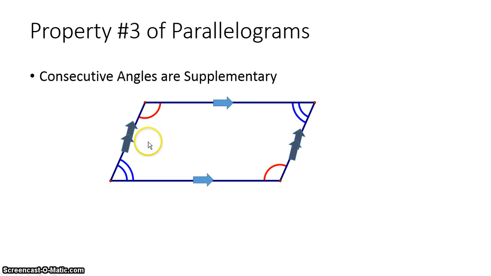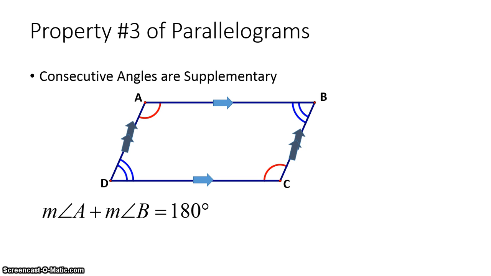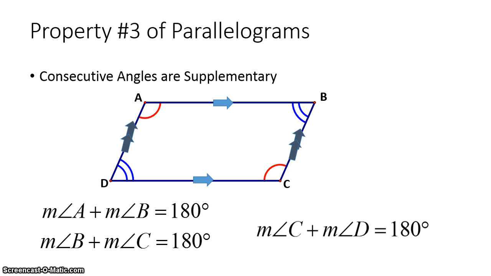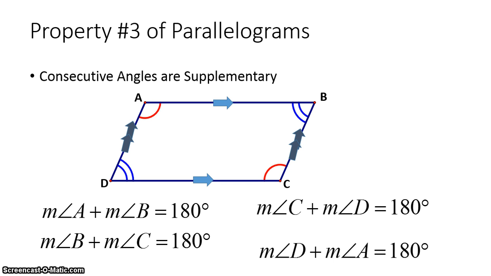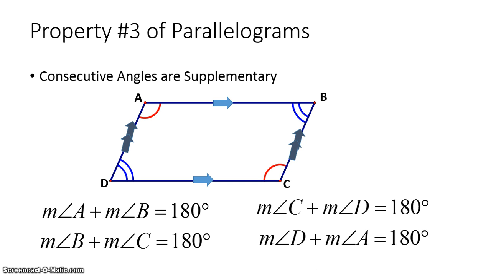So any two that come right after each other are always going to add to get 180 degrees. So the measure of angle A plus the measure of angle B is 180, B plus C, C plus D, and D plus A. Any of those formulas can be used to find missing angles.